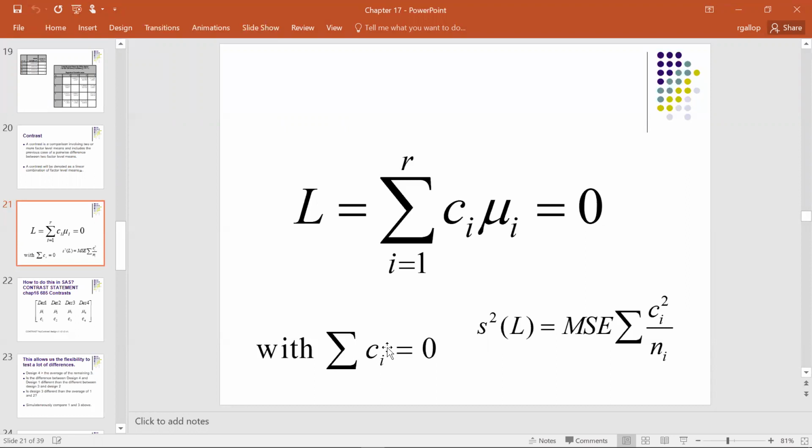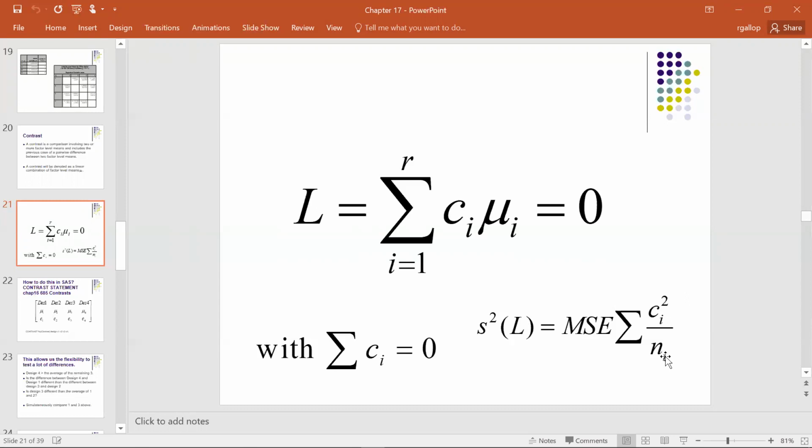Now the contrast will have a standard error. We'll have a variance, in fact. This shows us the estimate of the variance. It's nothing more than the mean squared error times the sum of the ratio of the coefficient squared over the cell size.